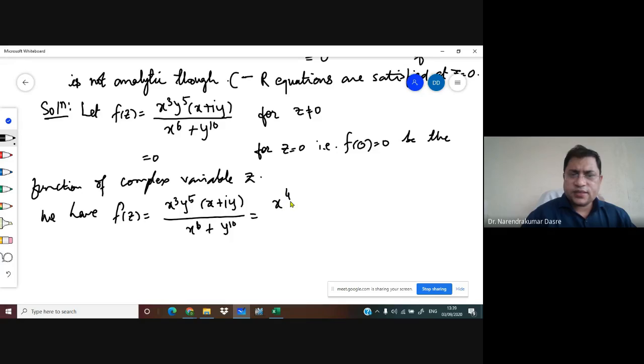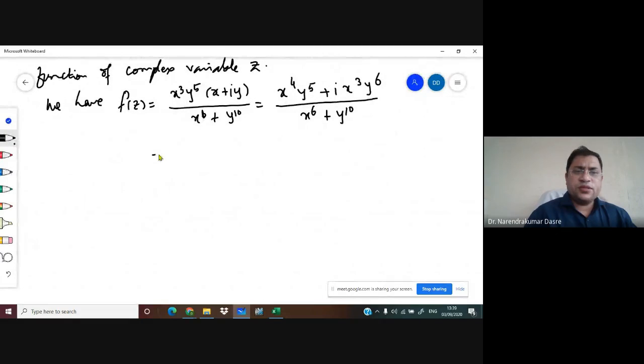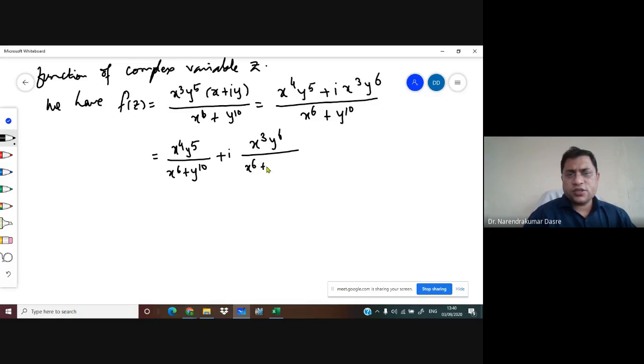So I can write this as x raised to 4 y raised to 5 plus i x cube y raised to 6 upon x raised to 6 plus y raised to 10.